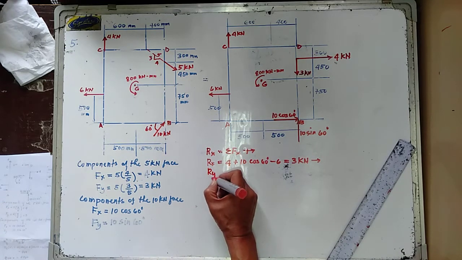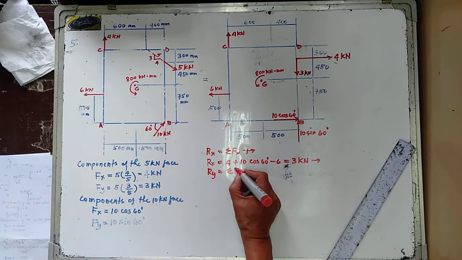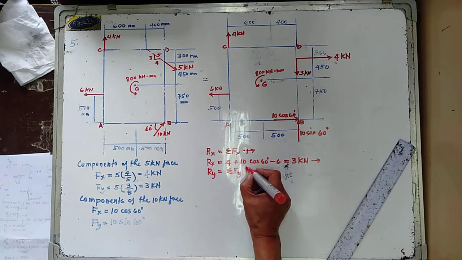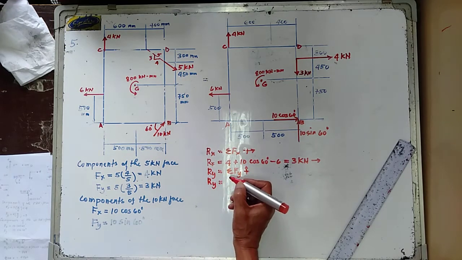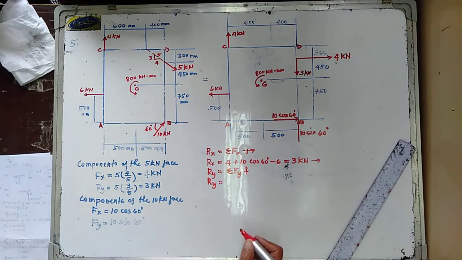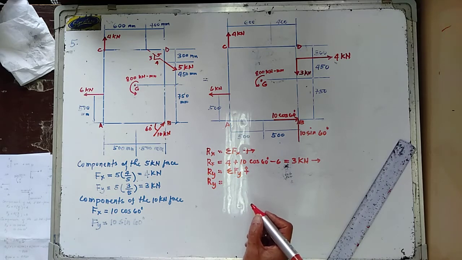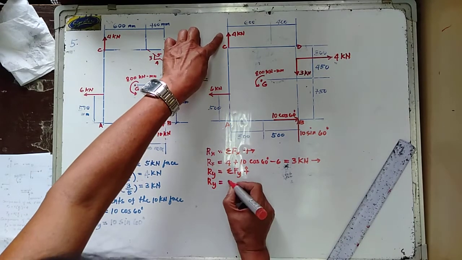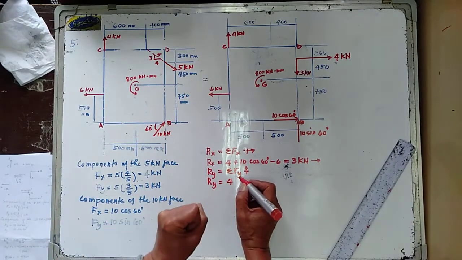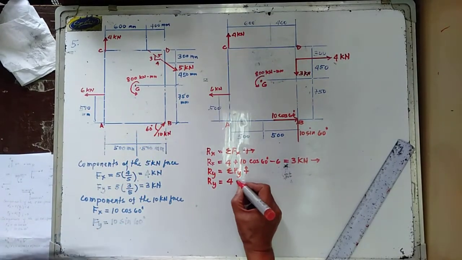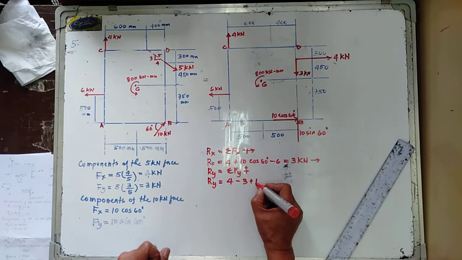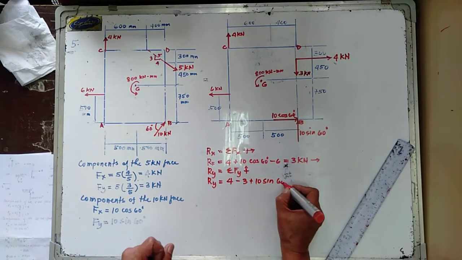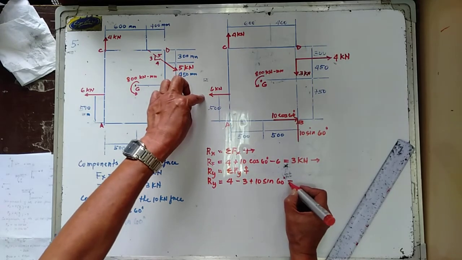And Ry is equal to the summation of forces in the y direction, upward forces positive. So we have 4 going up, and then minus 3, and then plus 10 sine of 60 degrees. This one has no y component.